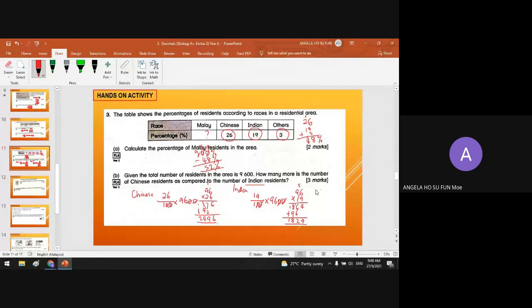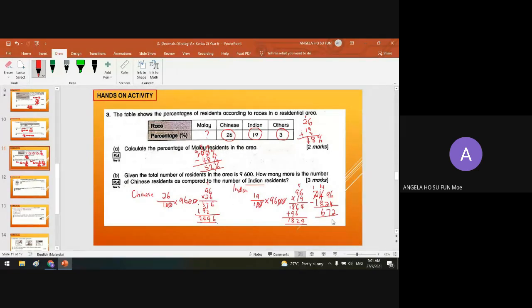Okay, so redo again. 2,496 minus out 1,824. Regroup from here, this is 14. 14 minus 8 is 6. Yes, Phoebe, your answer is correct.